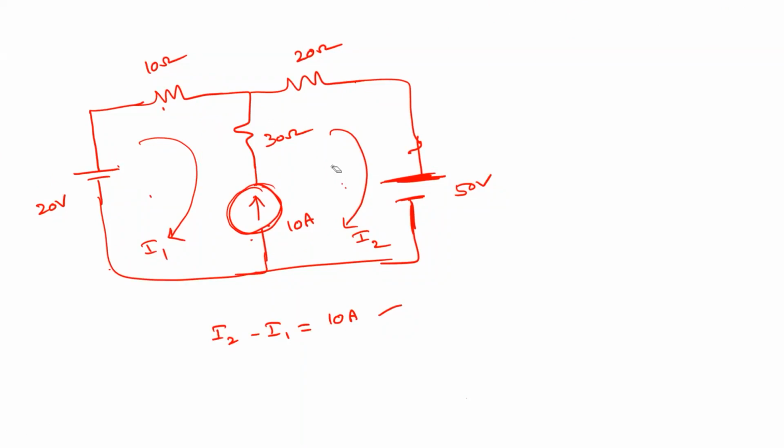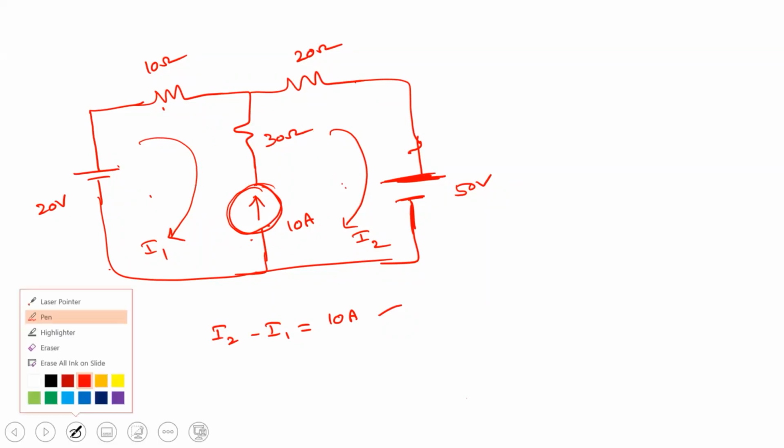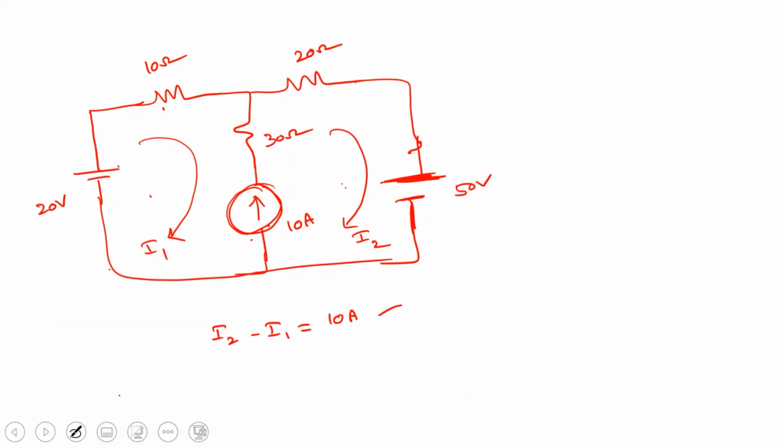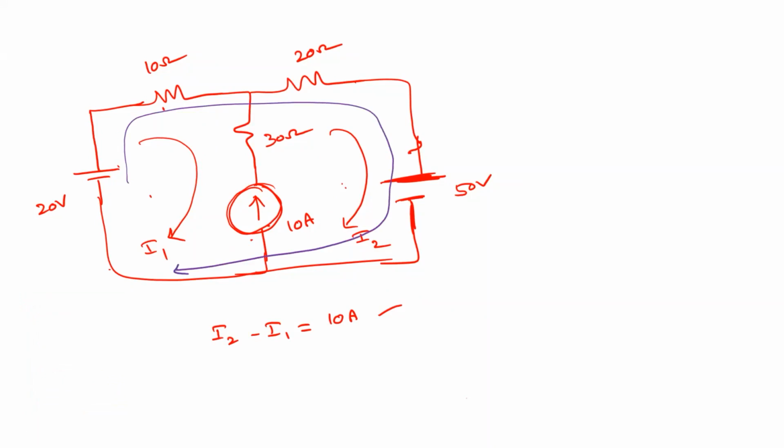So now we have this outer loop. This is the outer loop, right? Agree? Yes, sir. So now apply KVL for this loop. This is known as the outer loop, or the super mesh.